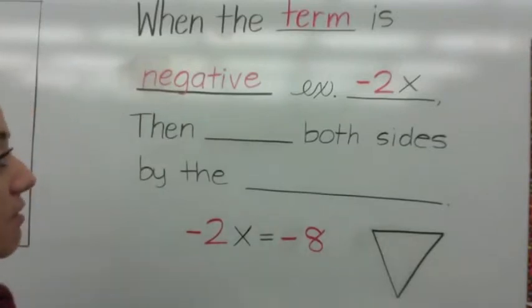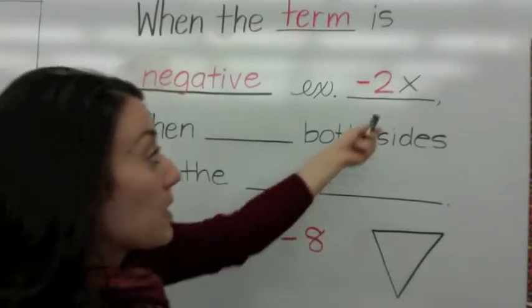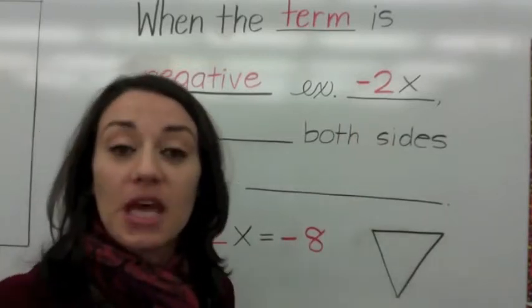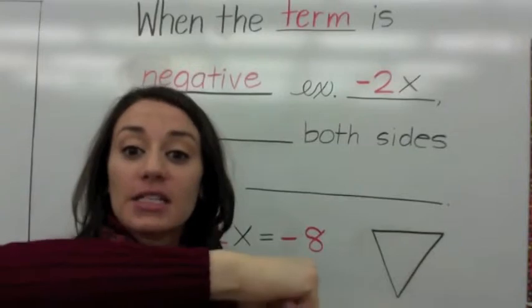So when it is negative, and remember these are being multiplied because they're married, you have to do the opposite. So what's the opposite of multiplication? It's division.